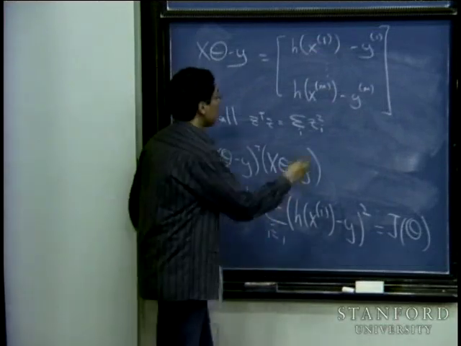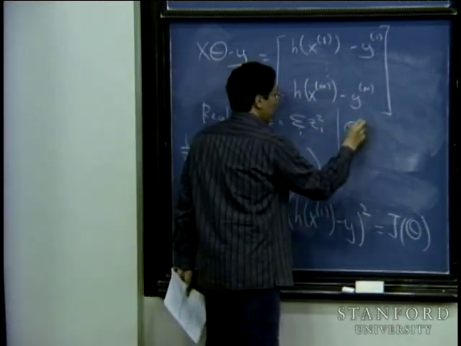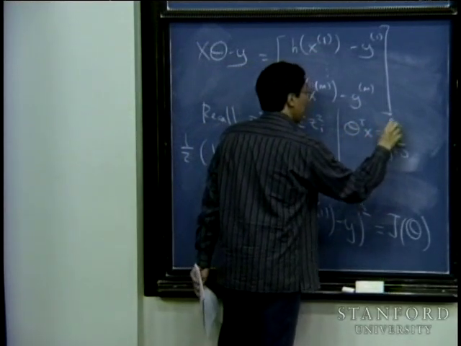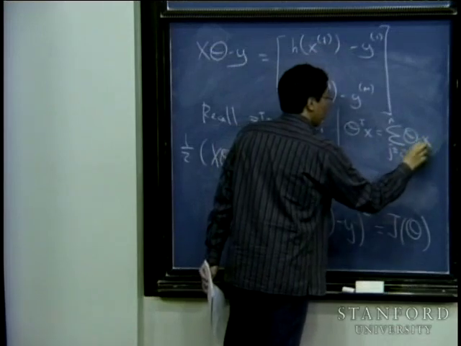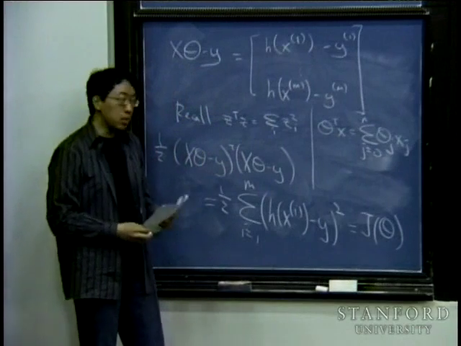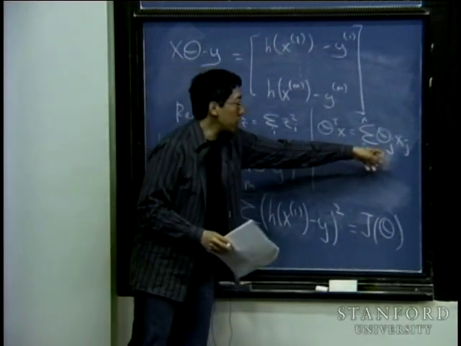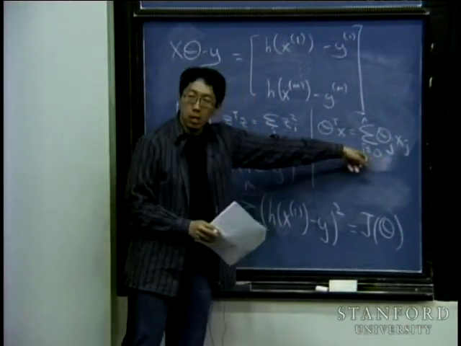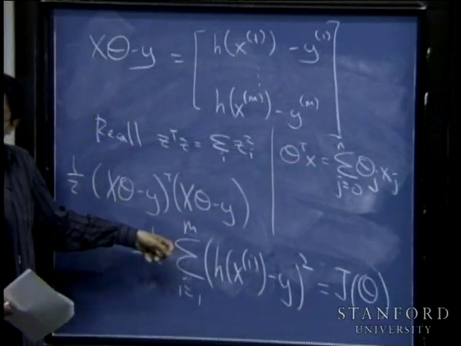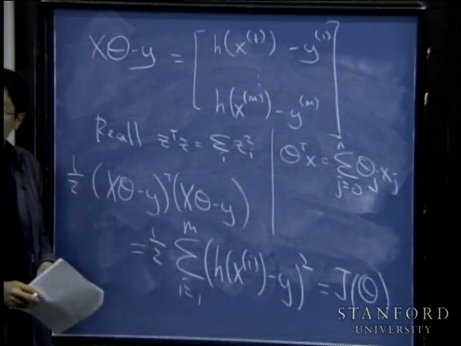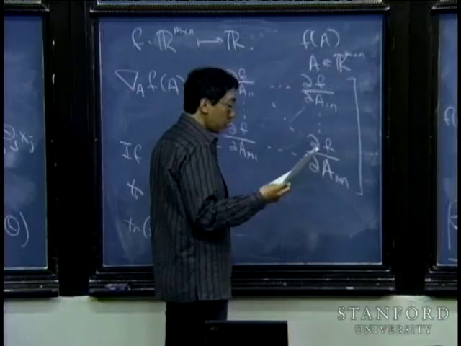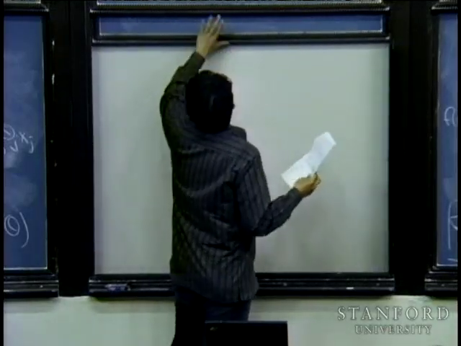And theta transpose x is equal to the sum from j equals 0 through n of theta j xj. Does that make sense? So it's the feature vectors that index from 0 through n, where x0 is equal to 1, whereas the training examples are indexed from 1 through m. Okay. So let me clean a few more boards and take another look at this and make sure it all makes sense.